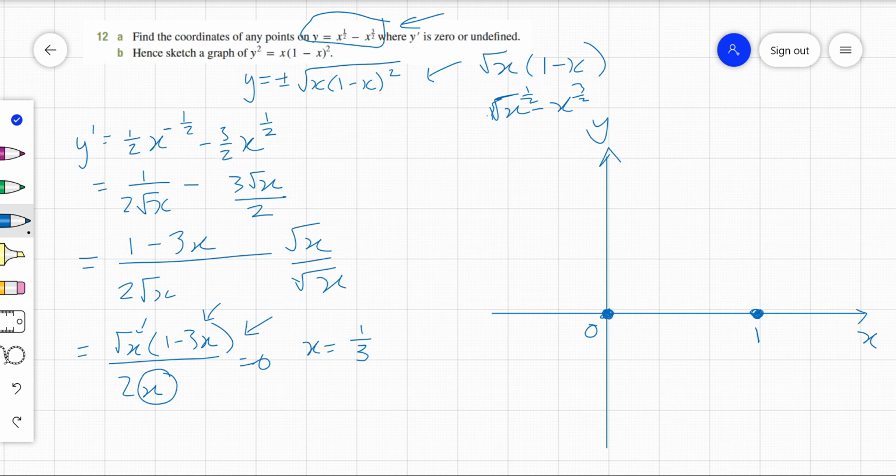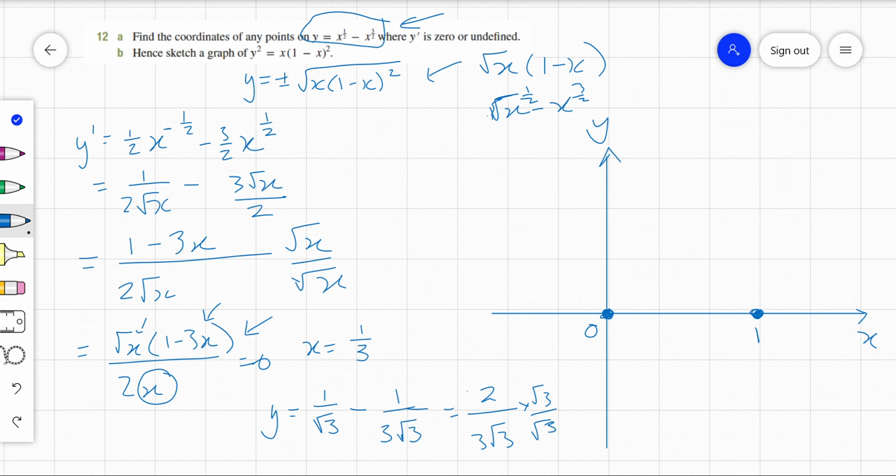So what we can do is sub in 1/3 to the actual function. So y equals the square root of 1/3 minus the square root cubed, which would be that. If I put that together, 3 root 3, so times that by 3, so 3 minus 1 would be 2, and if I times that by root 3 on root 3, I get 2 root 3 on 9.